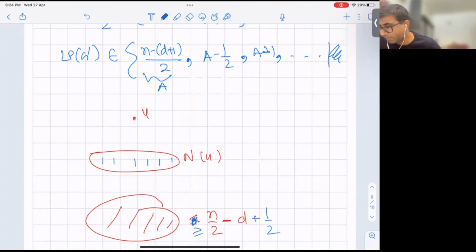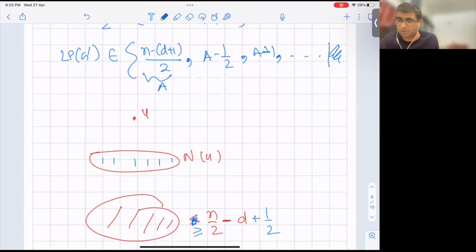Look, less than n by 2 minus d, it cannot be. I cannot have minus more. I cannot keep on decreasing. So I should at least have this much. You get my point?